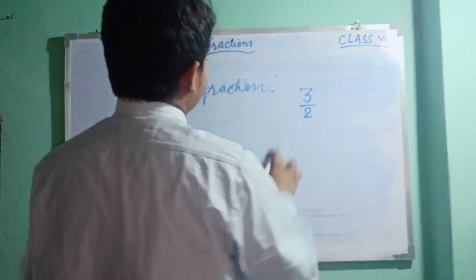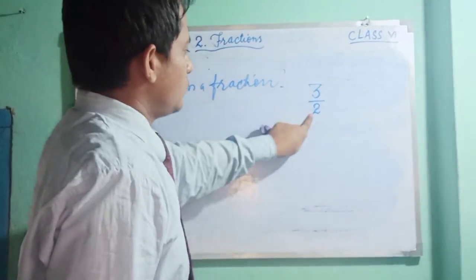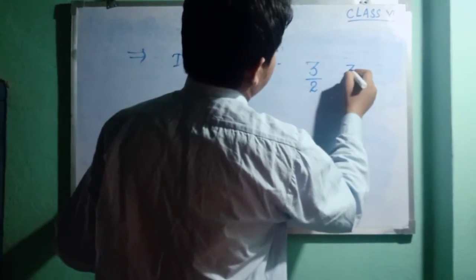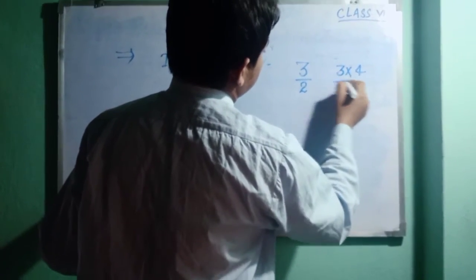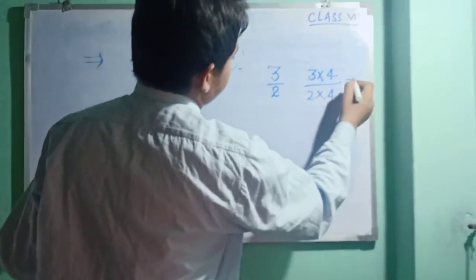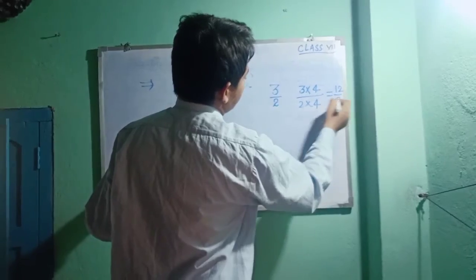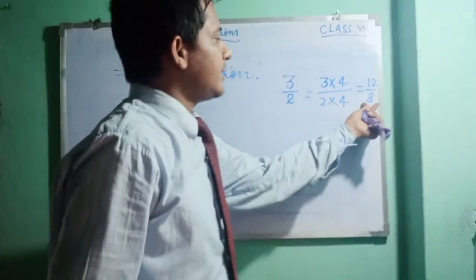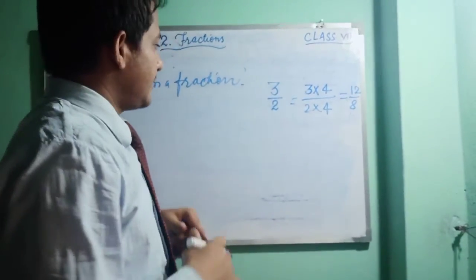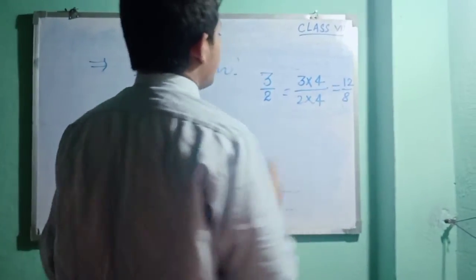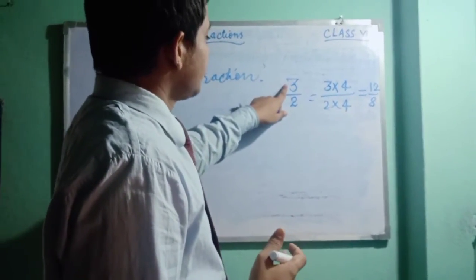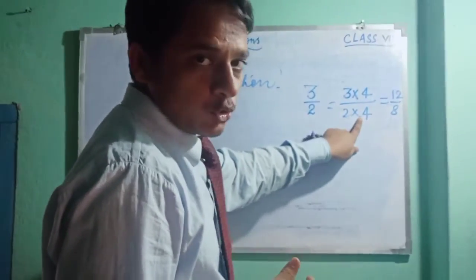That means suppose there is a fraction 3 by 2. If you multiply by the same non-zero number, like 3 multiplied by 4 and 2 multiplied by 4, this gives us 12 by 8. So this value and this value are the same. That means there is no change in value after multiplying the numerator and denominator by the same non-zero number.